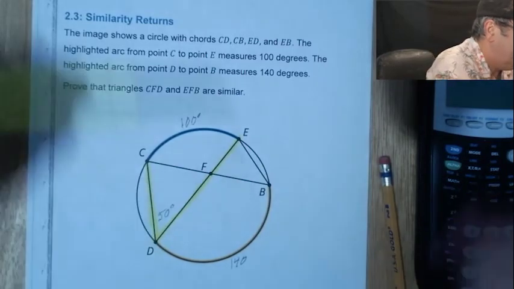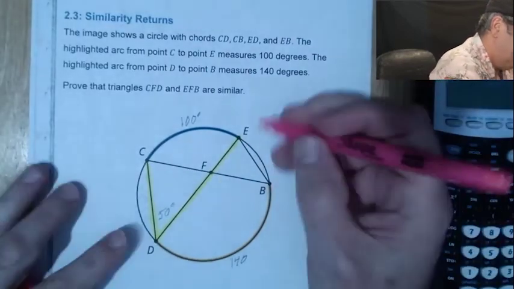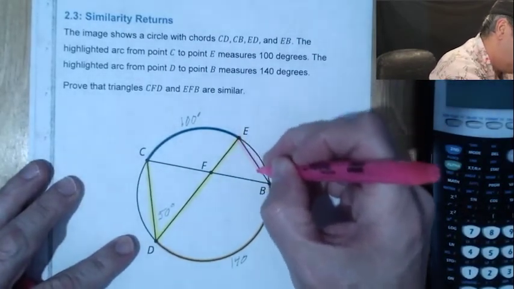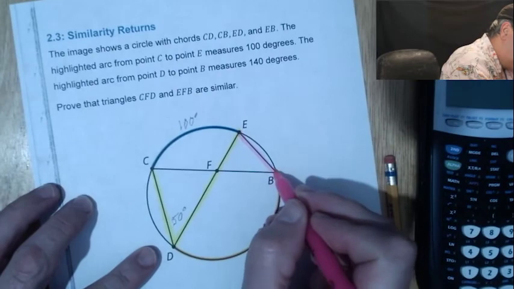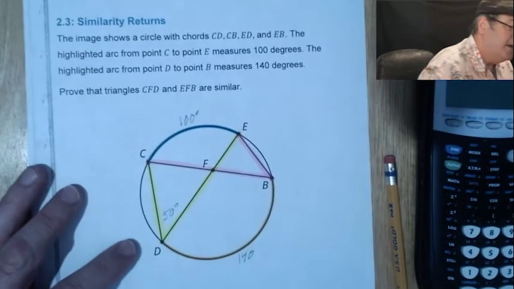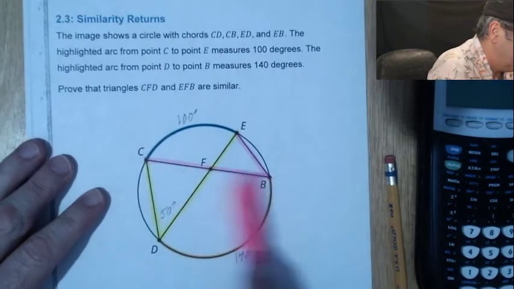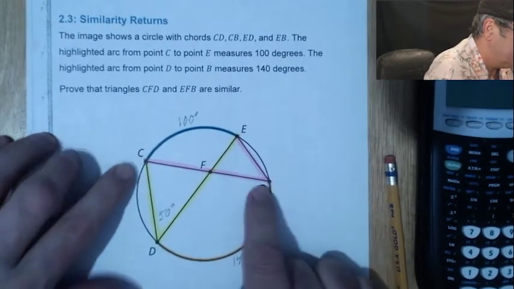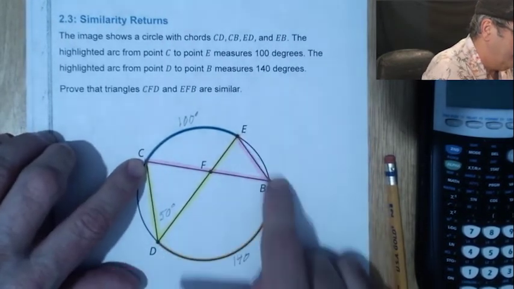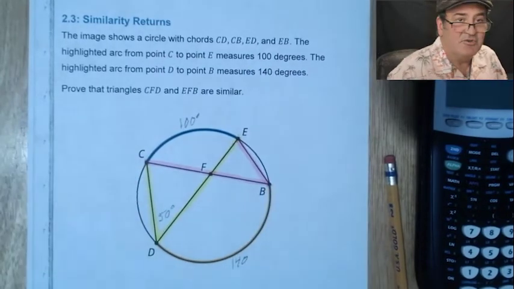Let me look at it this way now. If I go from the other point B and take it all the way over to C also, that's another inscribed angle. It goes from C to B to E. See, all three points are on the circle. That's an inscribed angle.